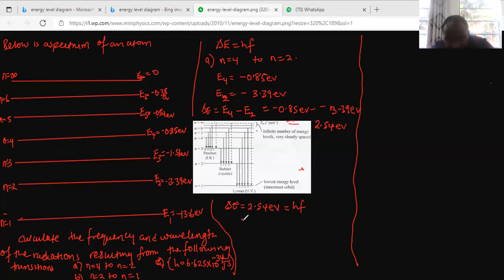So I can make f the subject, which becomes 2.54 eV over 6.625 times 10 power negative 34. This will give me 2.54 times 1.6 times 10 power negative 19 over 6.625 times 10 power negative 34. When you compute this, what's the value of f?